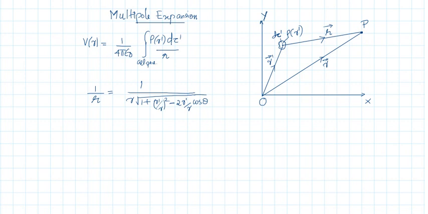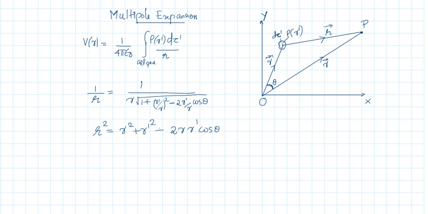You have a triangle here, and let theta be the angle between r and r prime. Then applying the cosine law to this triangle, you will get script R square is equal to r square plus r prime square minus 2 r r prime cos theta. This is the cosine law.